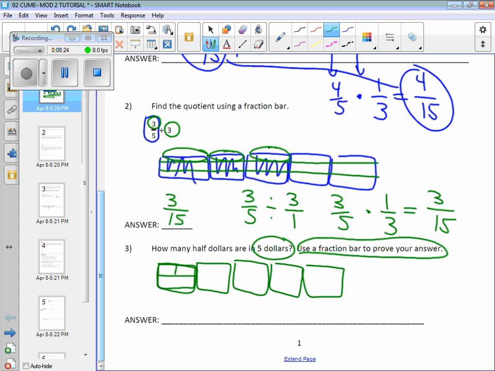I have 1/2, 2/2. I'm going to do that here as well. There's 3 and 4/2. 5 and 6. 7 and 8. 9 and 10. There are 10 half dollars in 5 whole dollars.